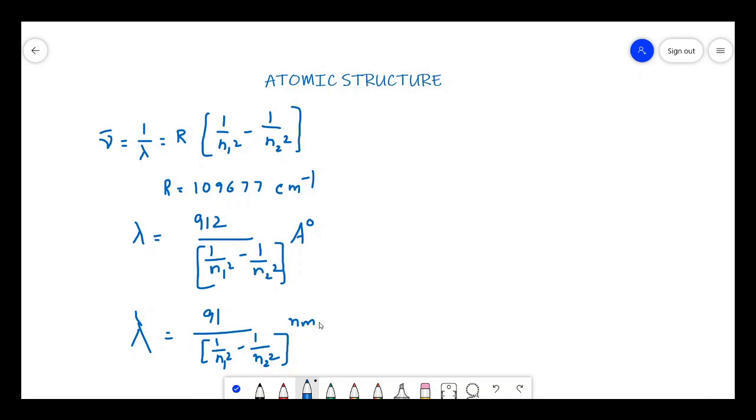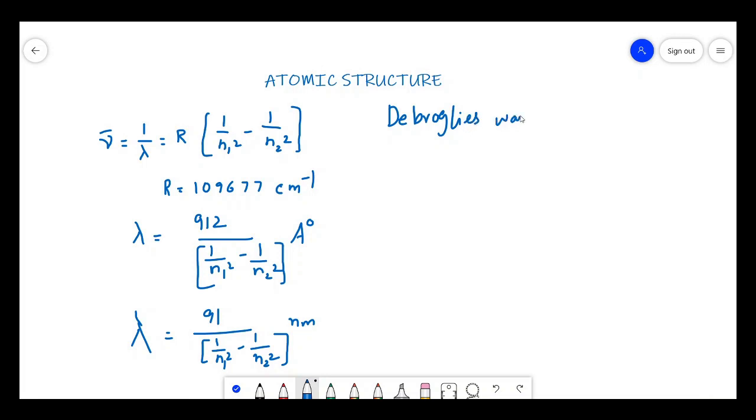So next, after this Rydberg's equation, the next important topic is de Broglie's wave equation.